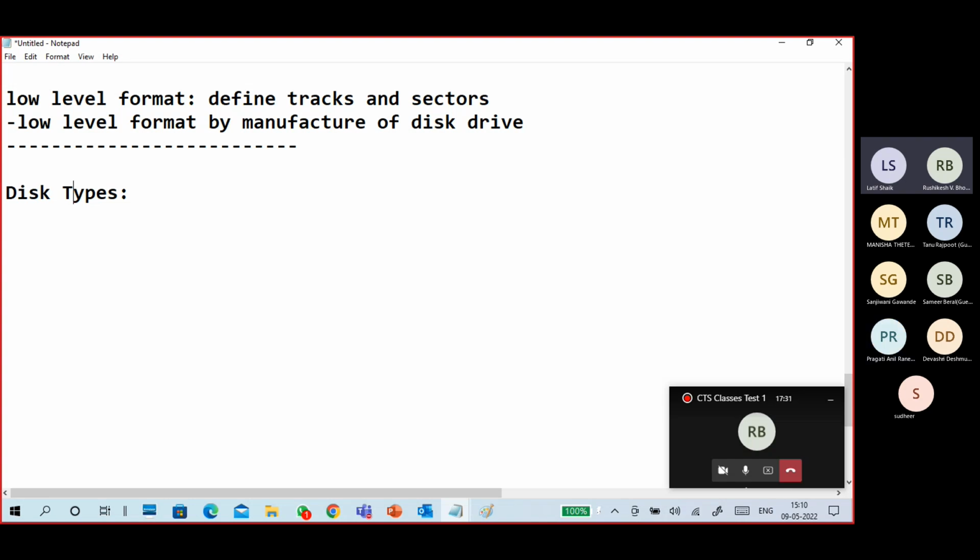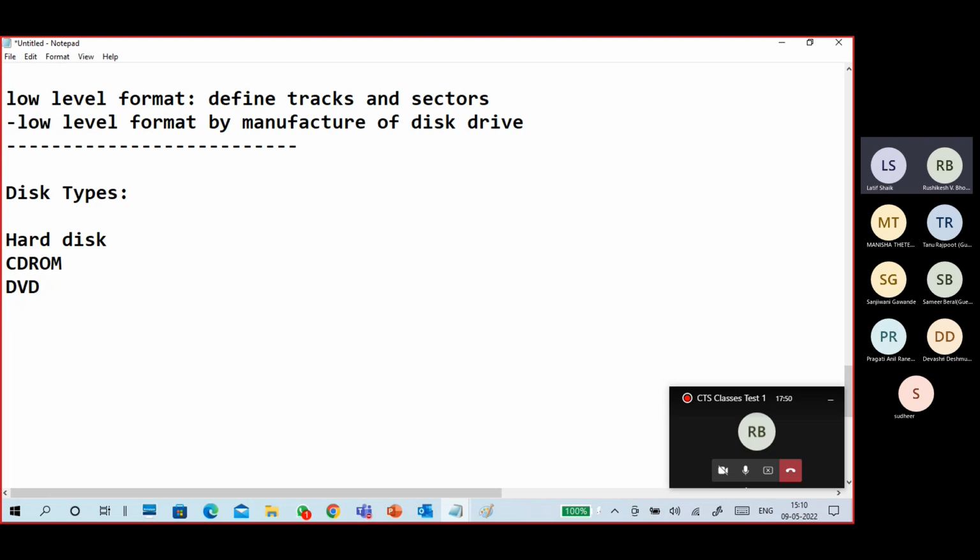Normally, we store the data in different places, like a hard disk. We store data in the regular hard disk or a CD-ROM. Then DVDs came into the market.